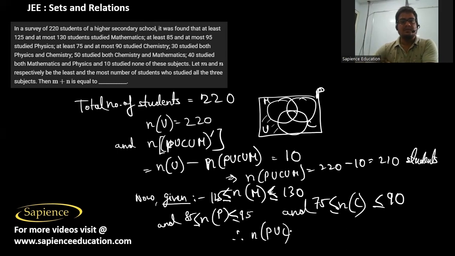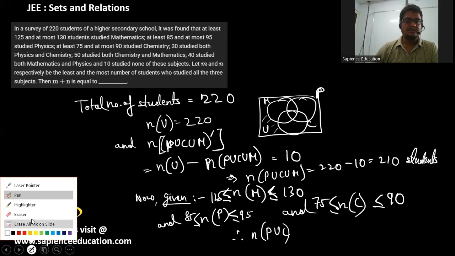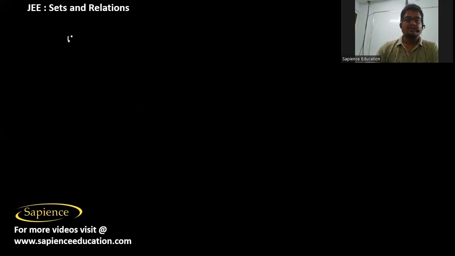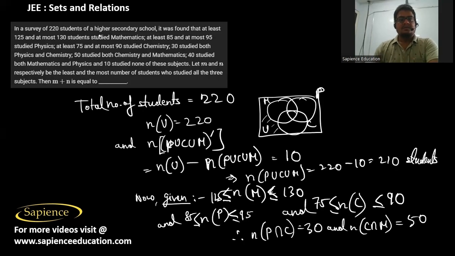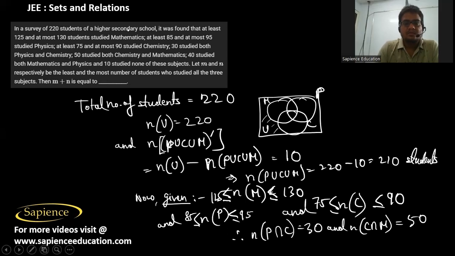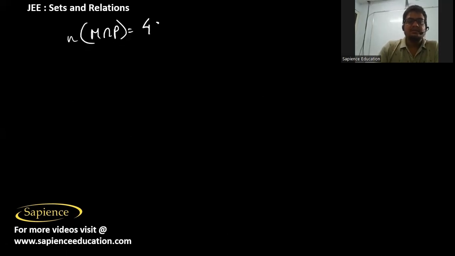So n of P intersection C is equal to 30, and n of C intersection M, the number of students who studied both chemistry and mathematics, is equal to 50, and n of M intersection P is equal to 40.